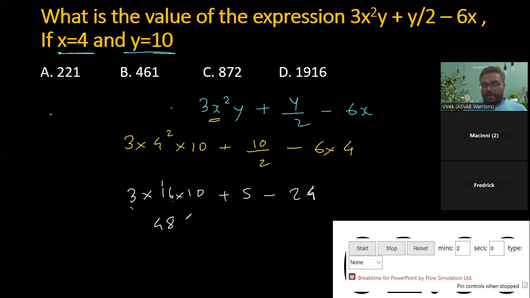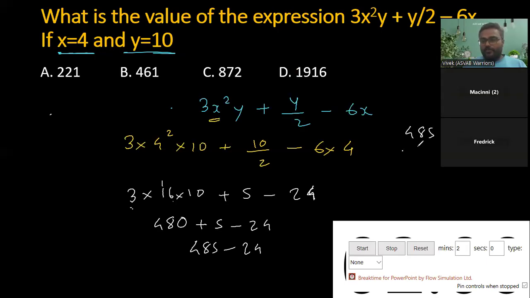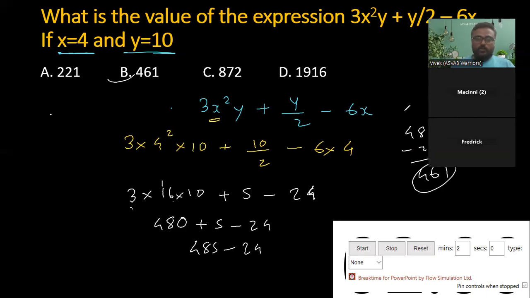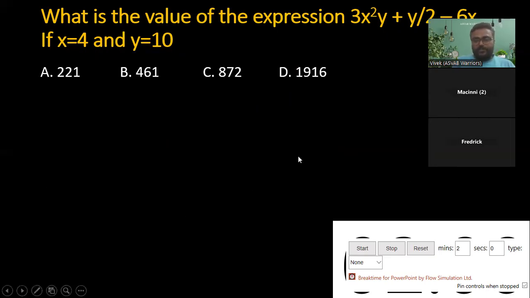And 48 times 10 would be 480 plus 5 minus 24. So 480 plus 5 would be 485 minus 24. So let me subtract it. 485 minus 24. 5 minus 4, 1. 8 minus 2, 6, 4. So 461 is your answer.